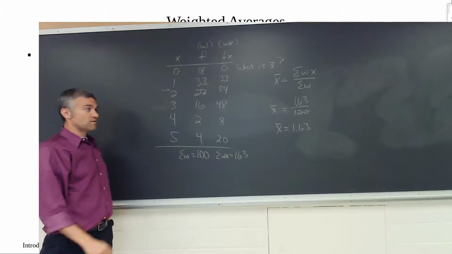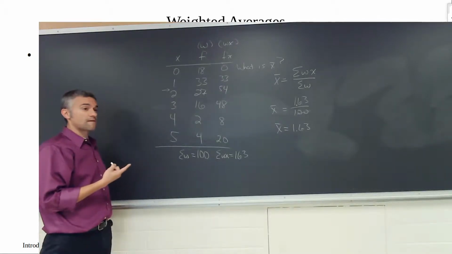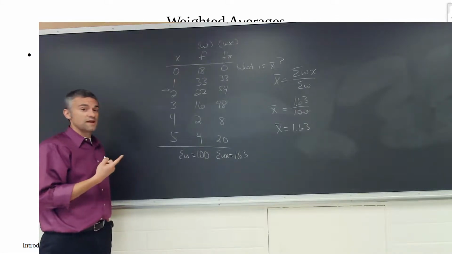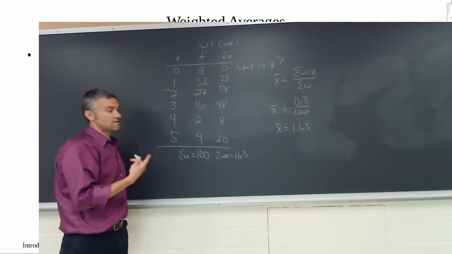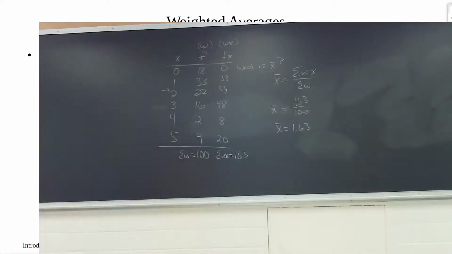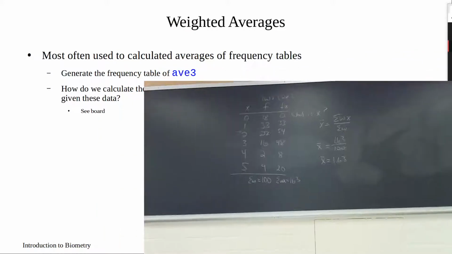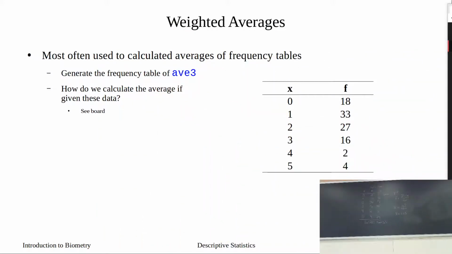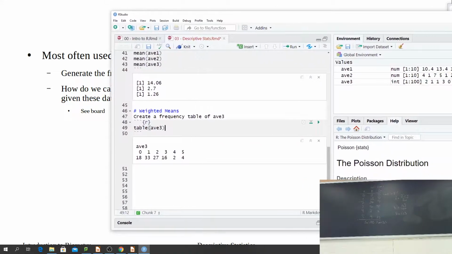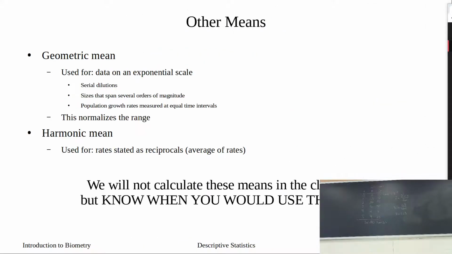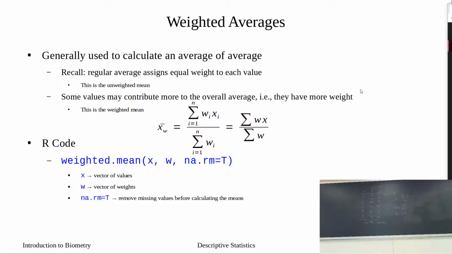All right? So can we do this in R? Yeah, we can. We can use the weighted mean function. So let's see how we do that. I'm going to make a disclaimer to say that this is not the preferred method when we have frequency tables like this.